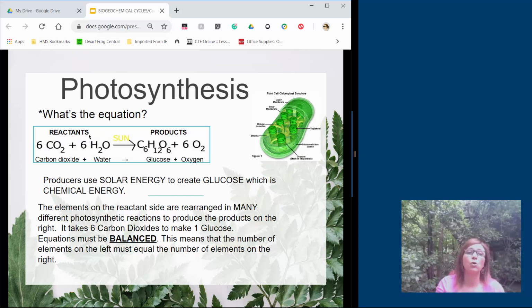Okay, so that solar energy is actually being used to excite those electrons to create this glucose, which is the food, some chemical energy, which will then be eventually transferred into the form of energy called, remember, ATP, that the cell actually uses. Okay, so this is how the plant actually makes their food to be converted into the energy.